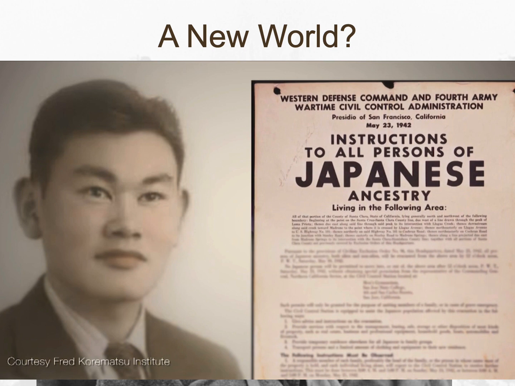And these are people who were born in the United States or had become citizens of the United States. They're not given trials, they're not given lawyers, they're not given constitutional rights. And it's very important to consider the contradiction that these Japanese internment camps, like the one that Fred Korematsu was placed into, have an impact on American history.